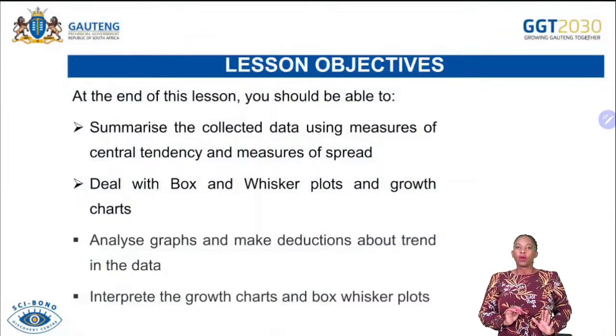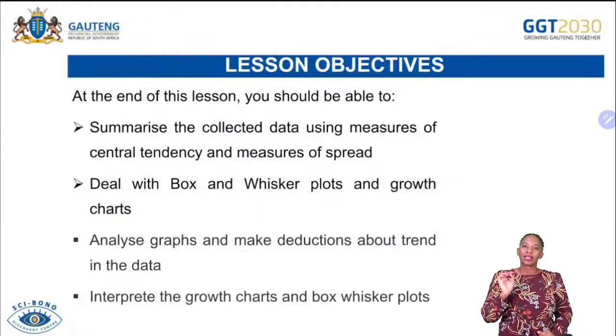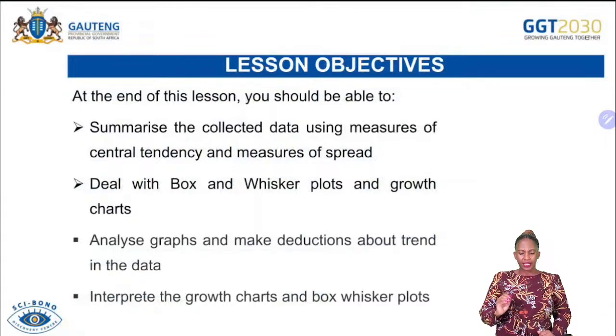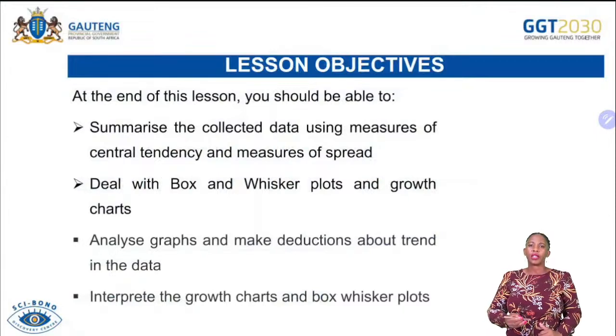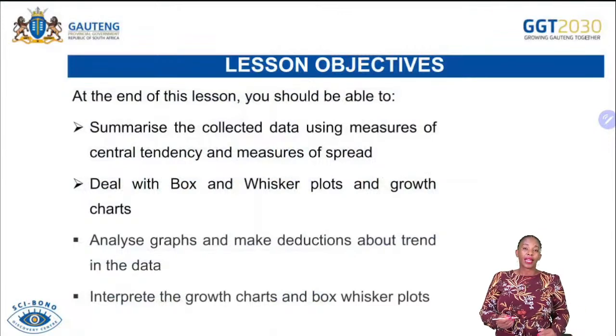This is not new altogether, boys and girls. From grade 5, grade 6, 7, up until grade 10, you have been doing data handling. You were doing pictograms, collecting information, whereby your teacher was asking you to go and collect the information. After you have collected that information, you classify and organize that data.